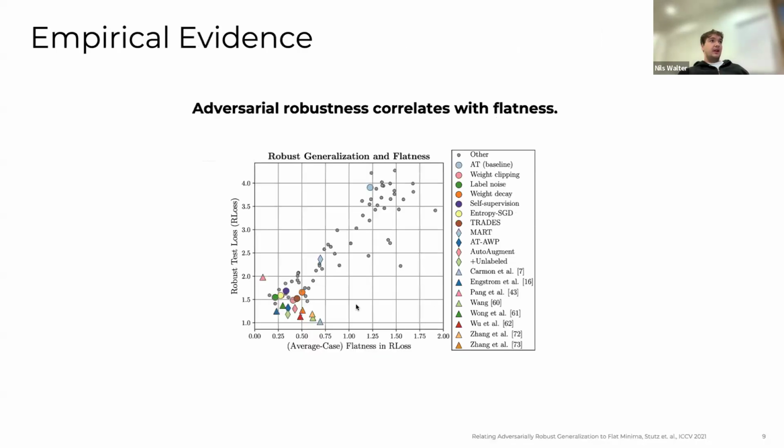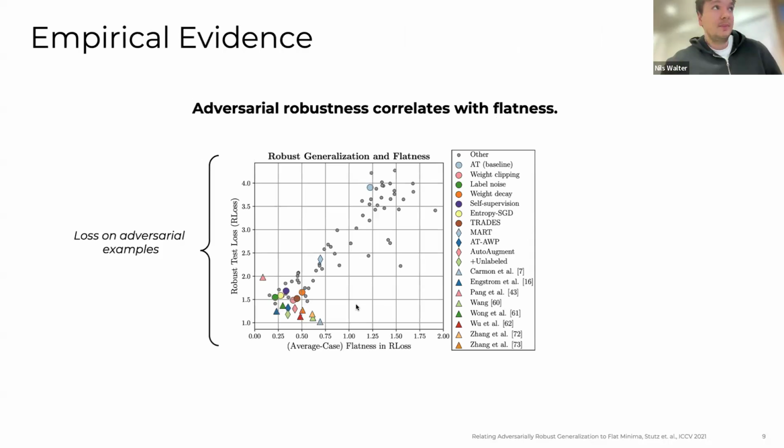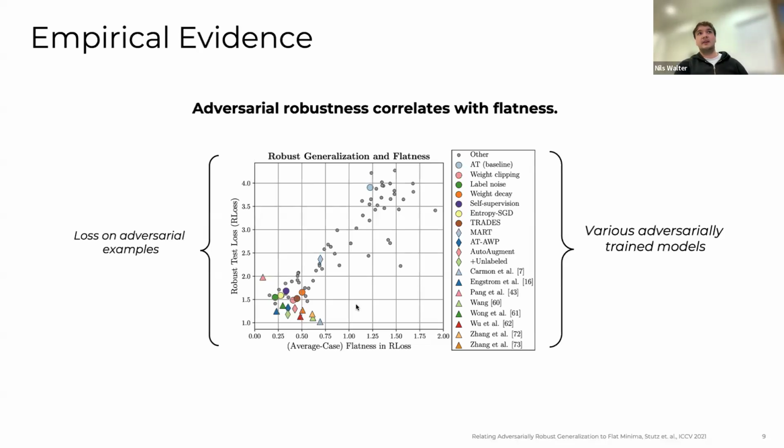And also there is empirical evidence that this indeed helps. Here, this is a plot from a different paper, where on the left, the authors plot the loss on the adversarial examples. On the right, these are various adversarially trained models. Back at that time, there were so many different versions. After all, more or less, they do the same: they just inject adversarial examples during the training, and that's how they achieve more robust classifiers.